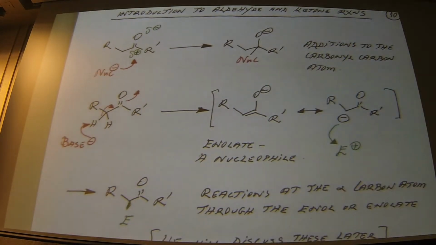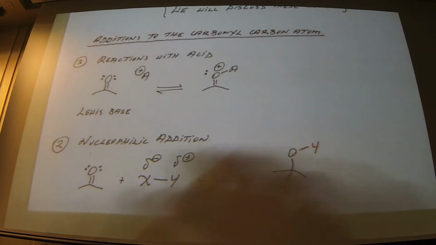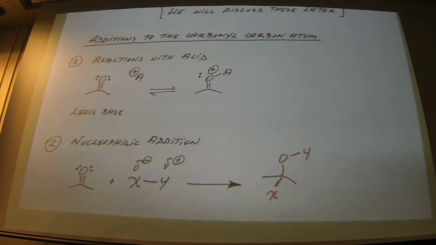So the first reactions we're going to talk about are these. Let's start with the very simplest one we can think of. The simplest reaction almost always is reaction with a proton. I mean, what could be simpler? An acid-base reaction with a proton. Nothing new here.